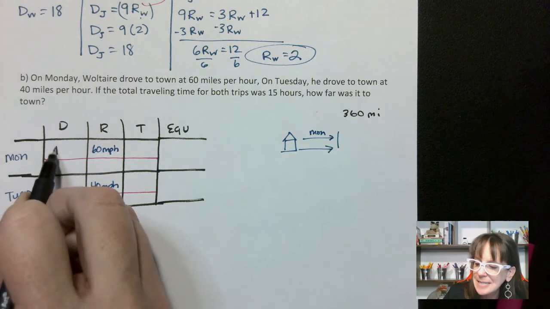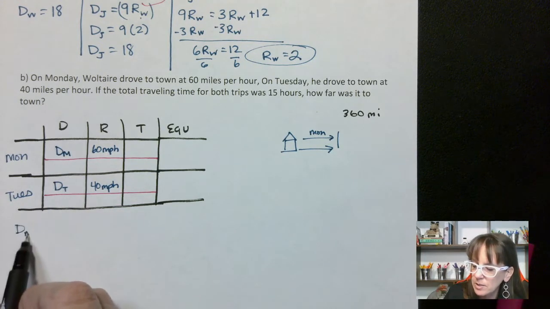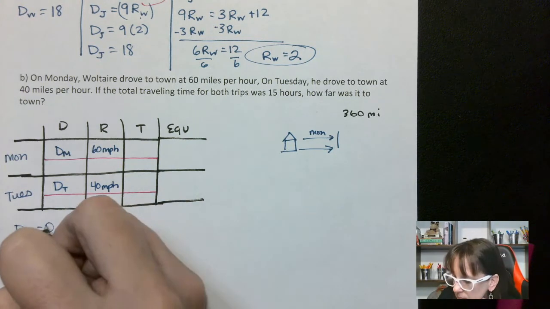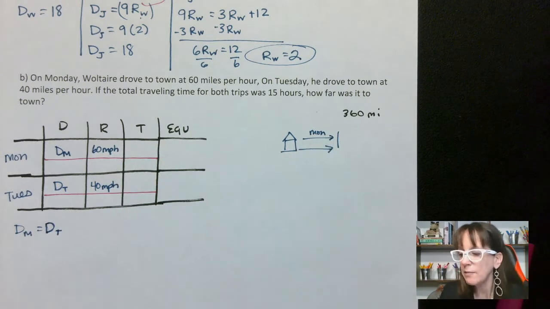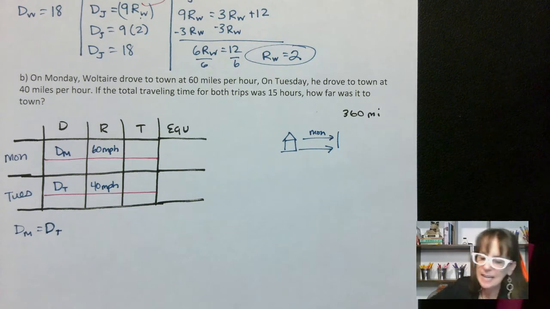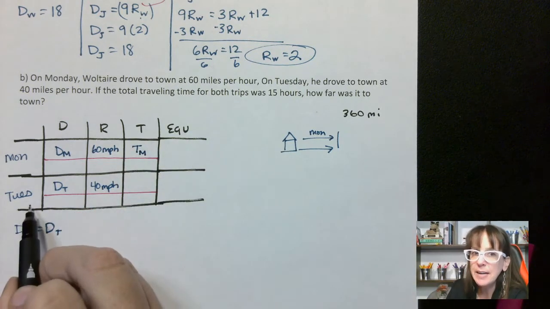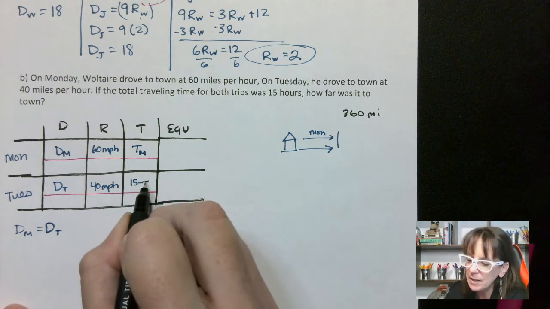So again, our dm and dt are going to be the same. We can even start that out: dm equals dt. Now, this is going to be tricky. The total traveling time for both trips was 15 hours. So if we have the time for Monday, Tuesday is going to be 15 hours minus whatever Monday's time was.